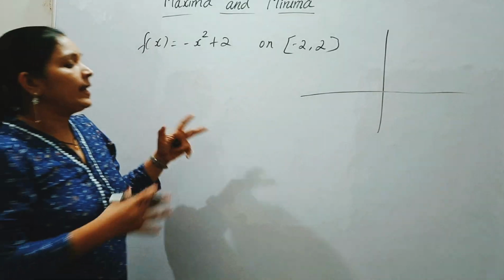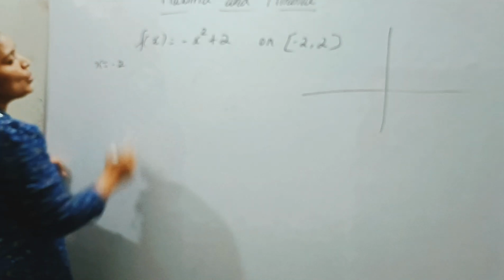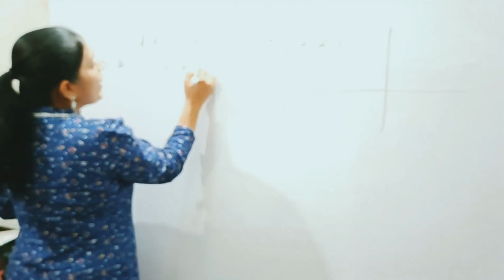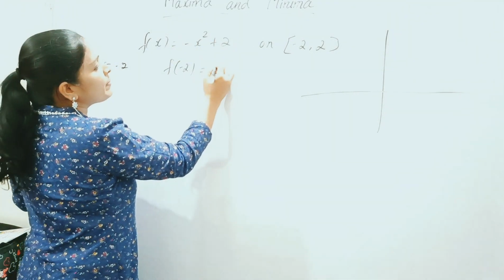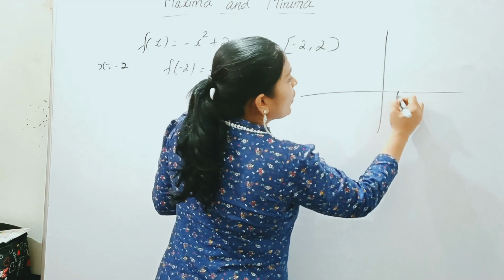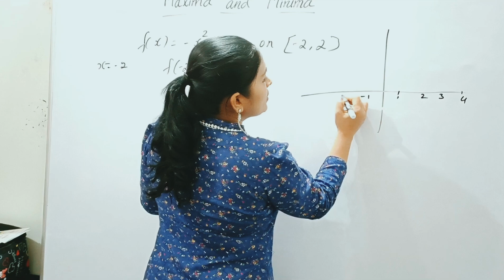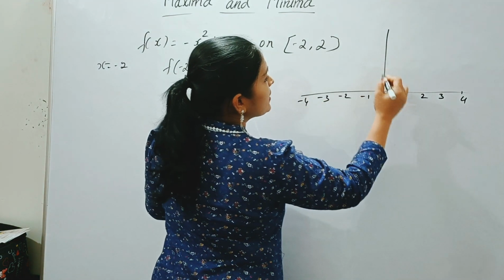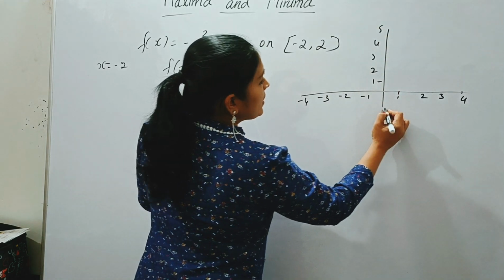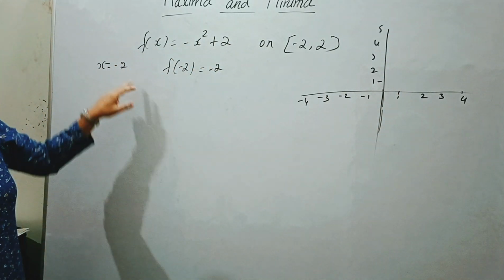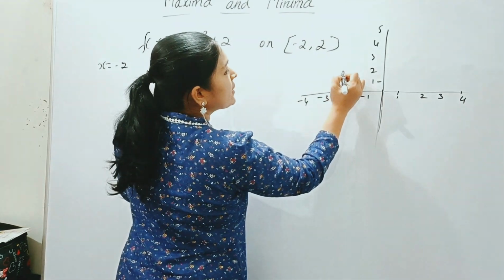So here let's plot the points. When x is equal to minus 2, what is f of x? F of minus 2 is nothing but, substituting x is equal to minus 2, minus 4 plus 2, that is minus 2, right?